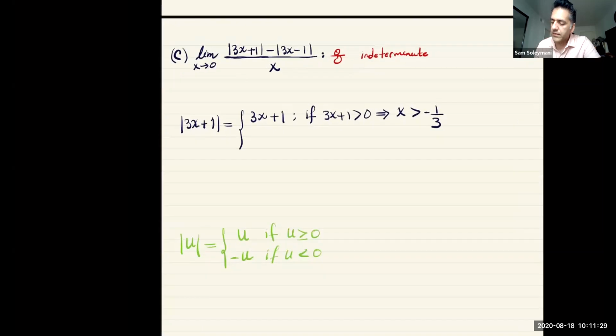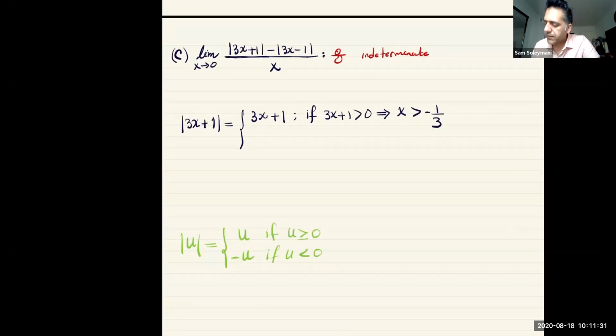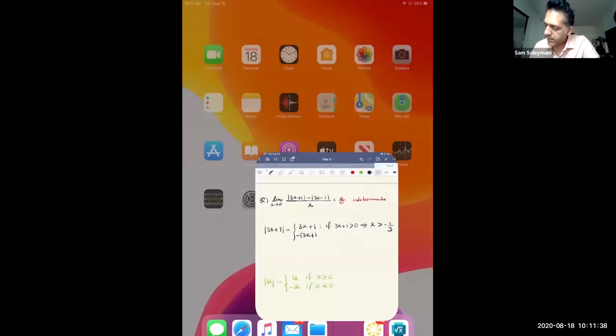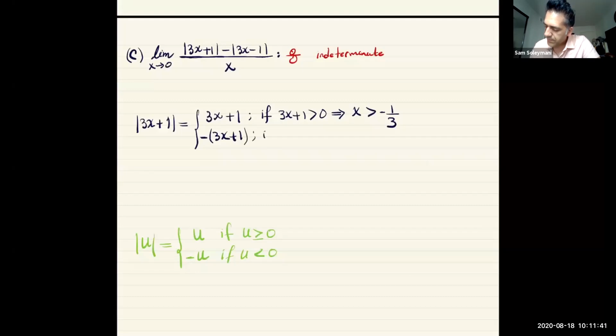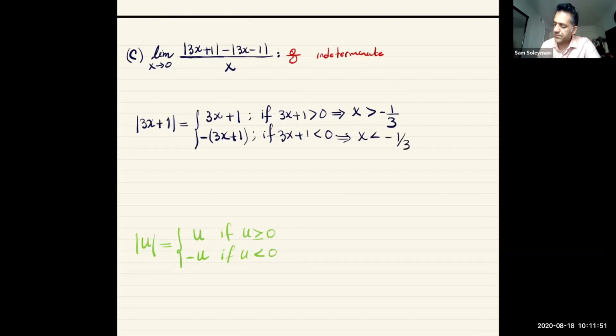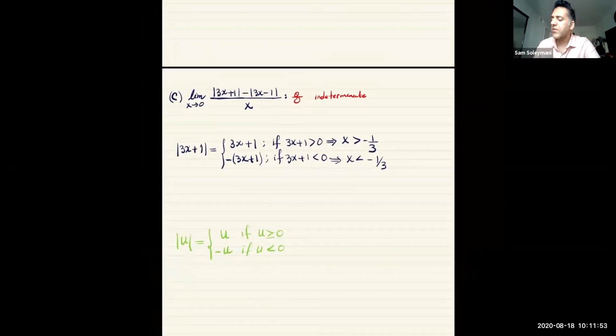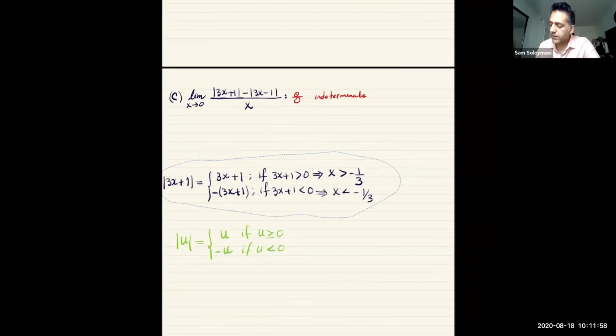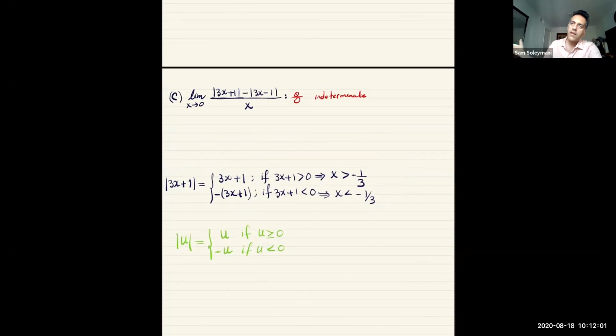The other piece, absolute value of 3x plus 1 is the negative of 3x plus 1 if 3x plus 1 is negative, or if x is less than negative 1/3. You have to break the absolute value down. All right, something you do a lot for math 15 and 11, as well as 8.